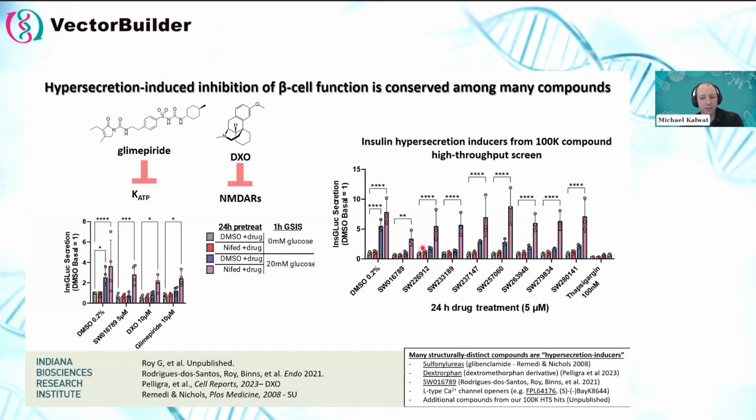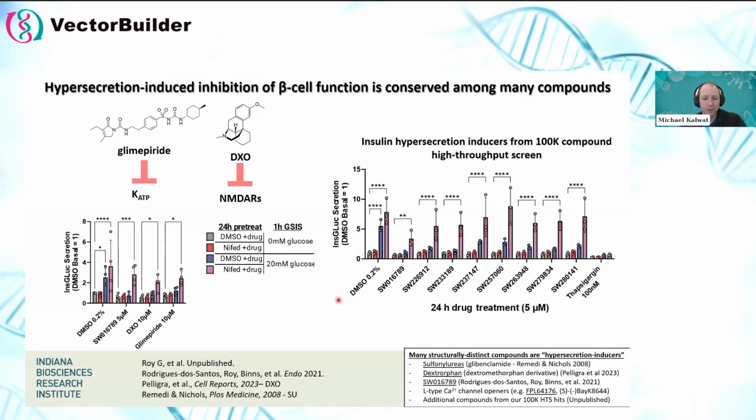You can protect against this loss of function if you provide nifedipine at the same time. In contrast, the drug thapsigargin, which causes endoplasmic reticulum stress, acts by a completely different mechanism. It also causes a loss of function after an overnight exposure in beta cells, but nifedipine cannot protect against this loss of function because thapsigargin does not cause stress depending on calcium influx.